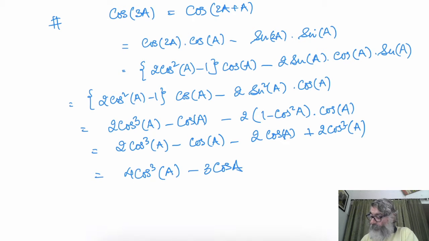So again, the formula for cos 3a is 4 cos cube a minus 3 cos a.